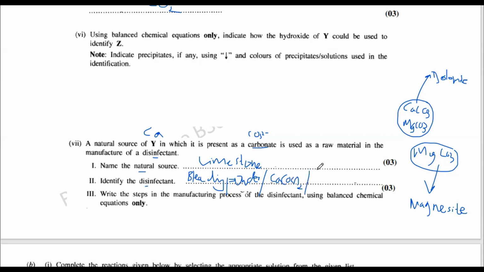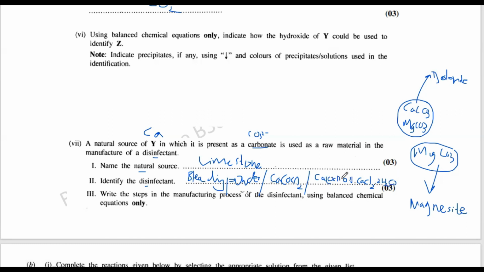Or you can also use the bigger formula if you know it: Ca(OCl)Cl, with calcium hydroxide and water. So this is the big formula of bleaching powder.